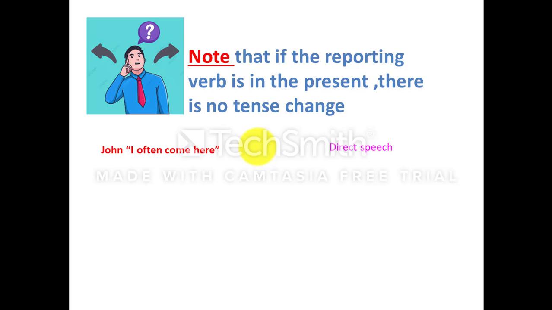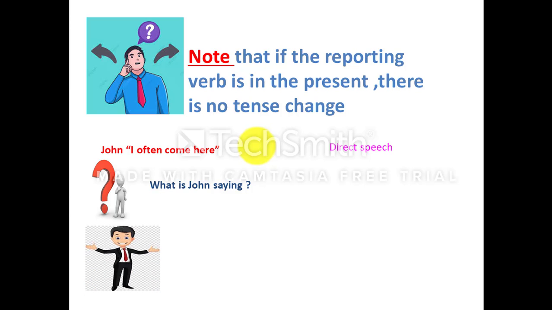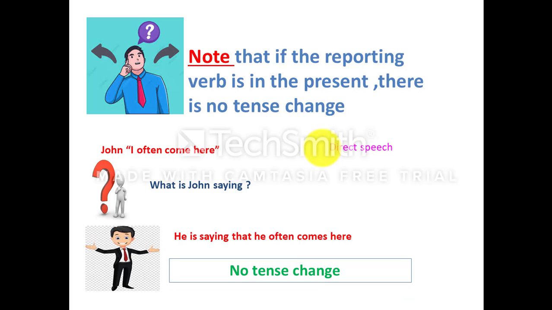This is direct speech. When I want to ask a question, what is John saying? The answer will be, he is saying that he often comes here. So there is no tense change. Why? Because the reporting verb is in the present. Okay? Let's move to the second part, my students.